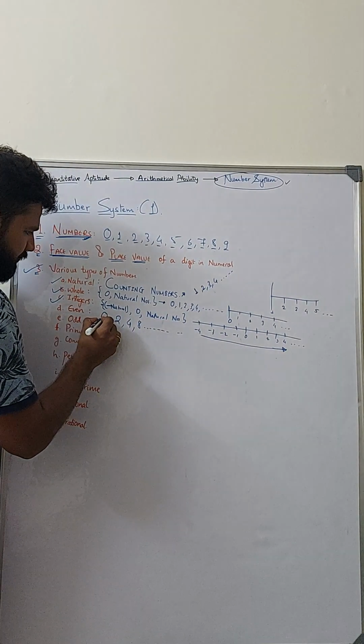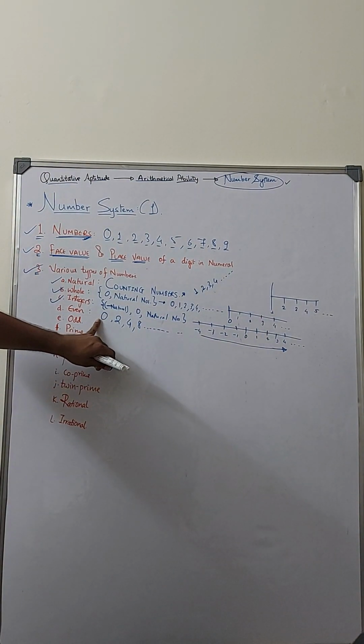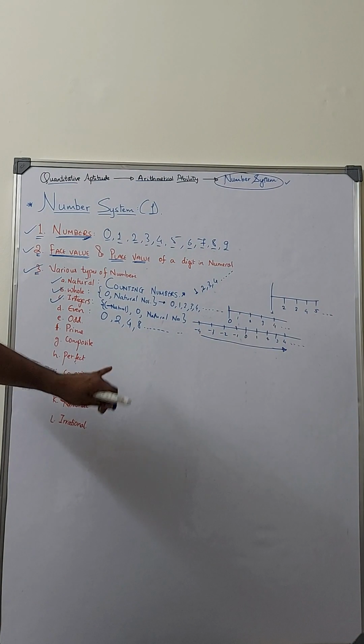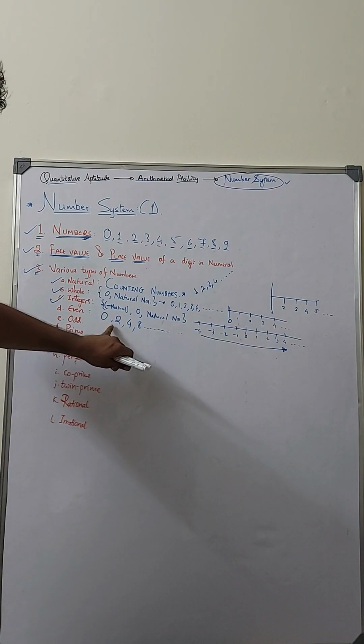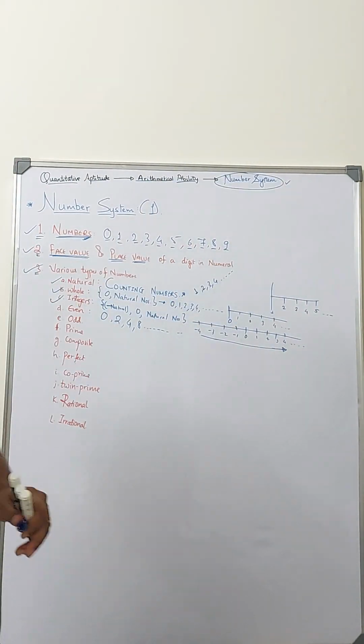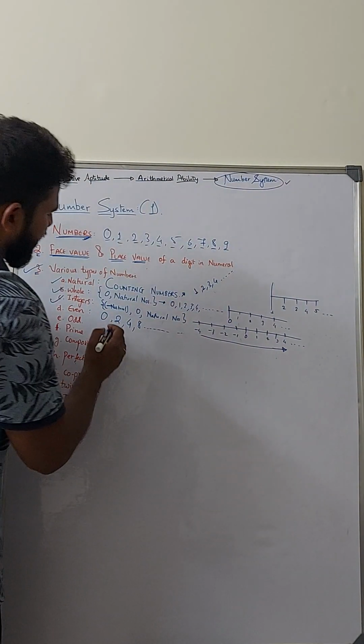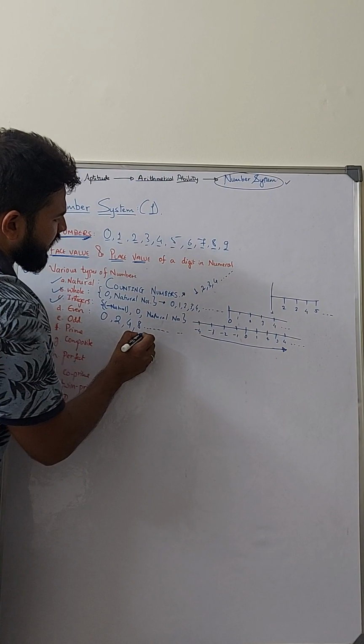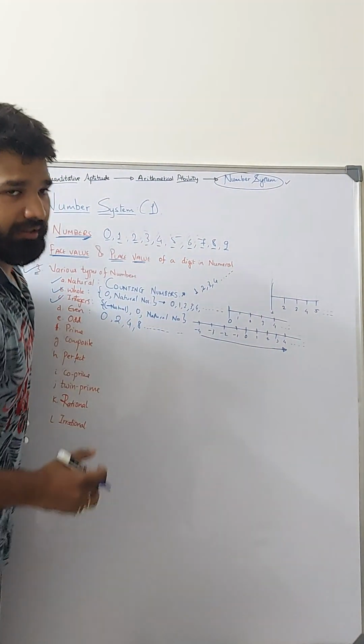Even numbers are 0 and all the numbers which can be divided by 2, all the numbers that have 0, 2, 4, 6 or 8 at their end.